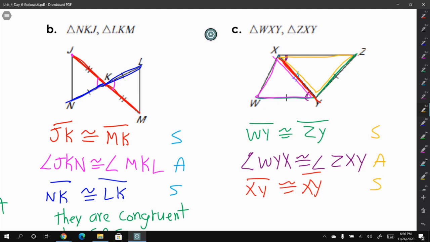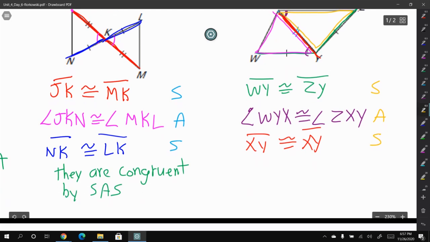So even though we have two pairs of congruent sides and one set of congruent angles, this is not side angle side because the angle that's congruent is not the included angle in both triangles. So this would be not congruent.